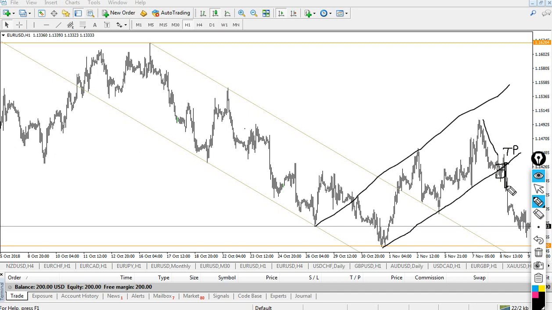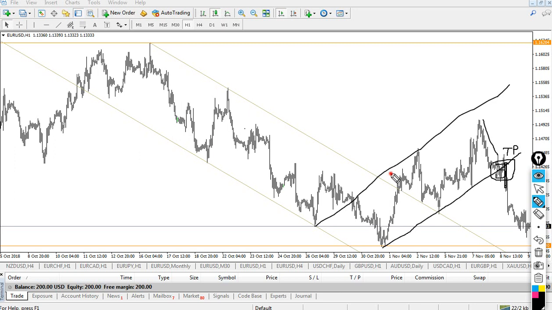Now maybe it's a false break, but when you see another drop, another dropping candle is called a breakout candle. That means it's a sign that your channel is broken now. Just like here, when we see this, we see our channel break. Then we see a consolidation part here.